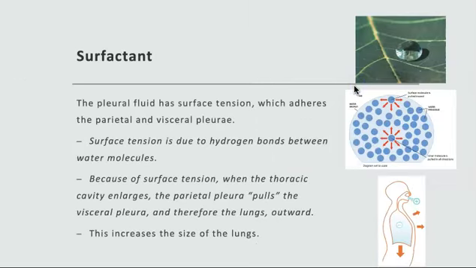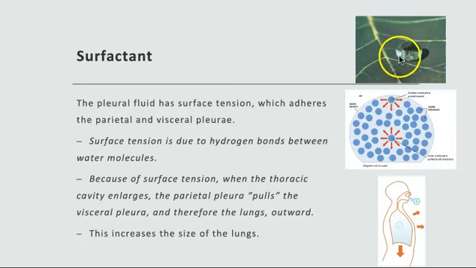All right, now let's talk in more detail about surfactant. So our pleural fluid has surface tension, which adheres the parietal and visceral pleura, but it lubricates it as well. And so with that, we're going to create some surface tension due to the hydrogen bonds between water molecules. We talked about this early on in the semester.